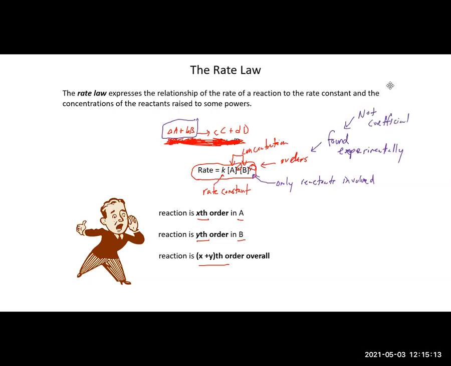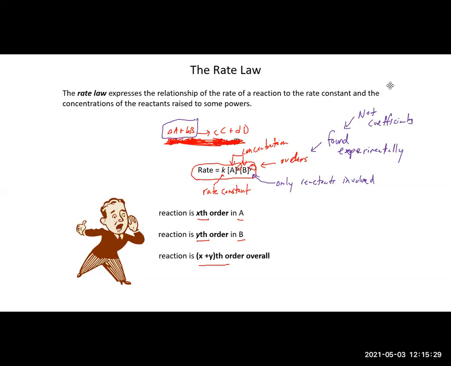So what does it mean if they're found experimentally? It means that when you have a problem where you're trying to find the rate law for a particular reaction, you typically will be given information.